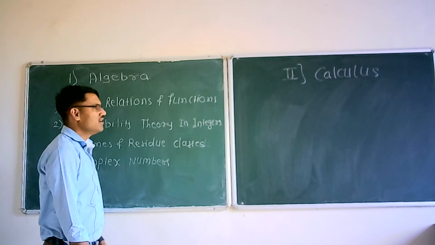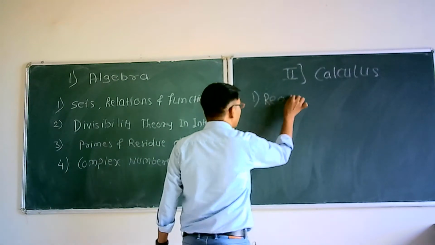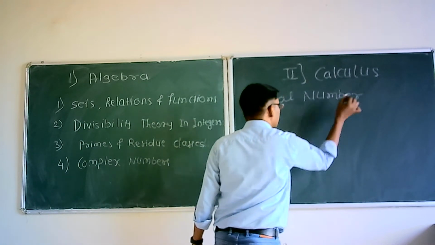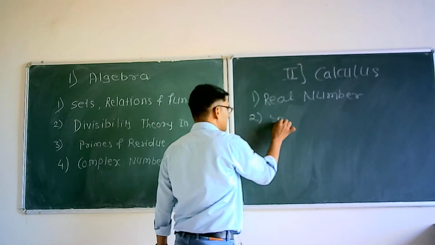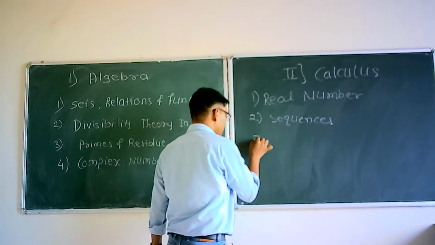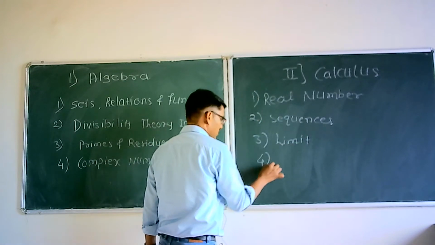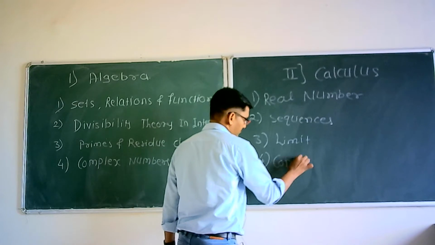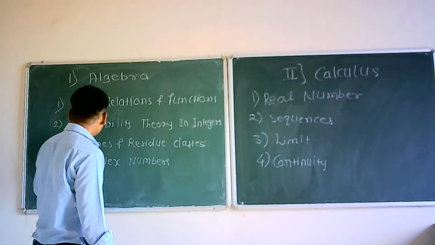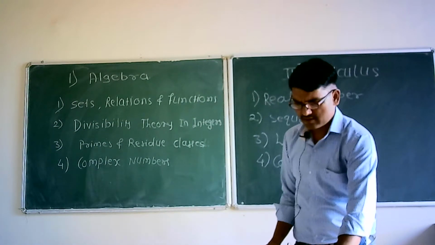In calculus, the first chapter is real numbers. Number 2, sequences. Number 3, limit. And number 4, continuity. So 4 chapters in algebra and 4 chapters in calculus.